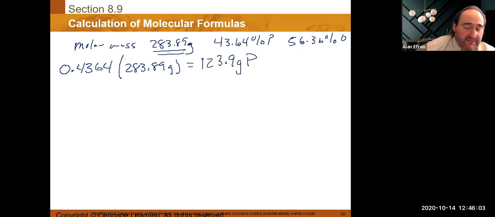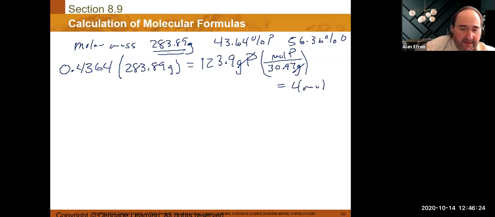That's phosphorus. At this point, we could use the molar mass from the periodic table for phosphorus, which is 30.97 grams per mole, and convert those grams into moles, and we would end up with 4 moles.